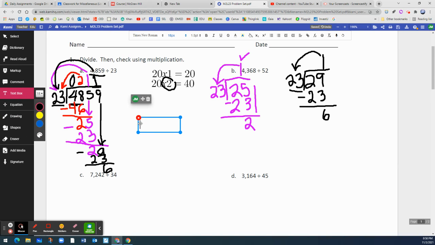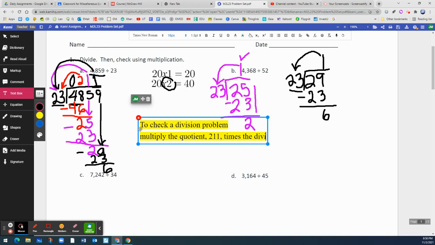So we're going to check this division. And to check a division problem, you multiply the quotient, which in this case is the answer, 211, times the divisor, which in this problem is the 23, plus the remainder, if there is one, okay?